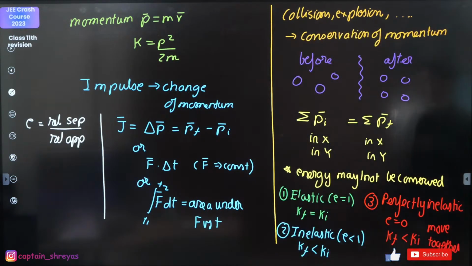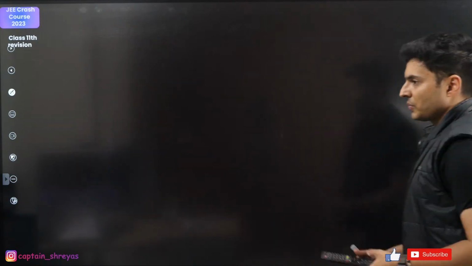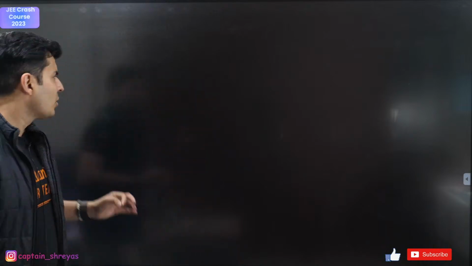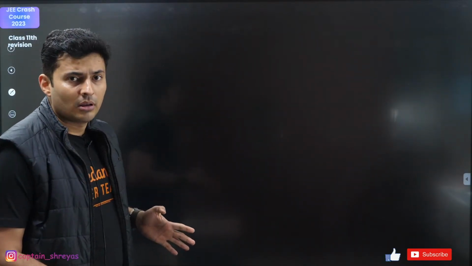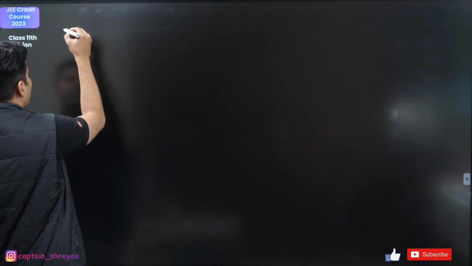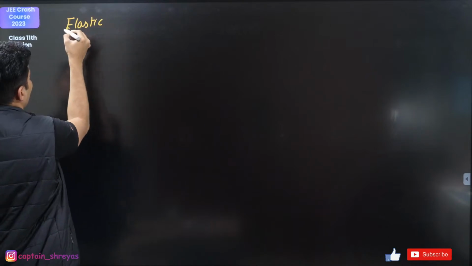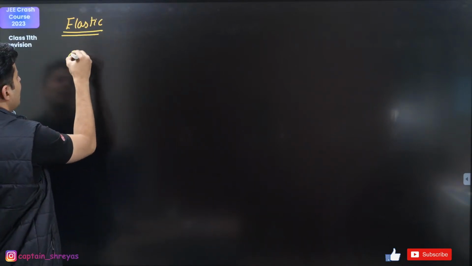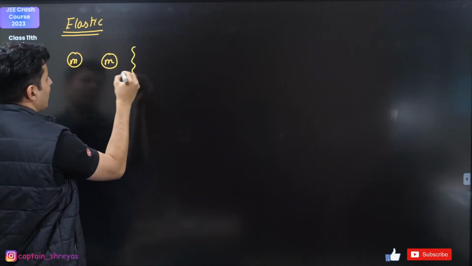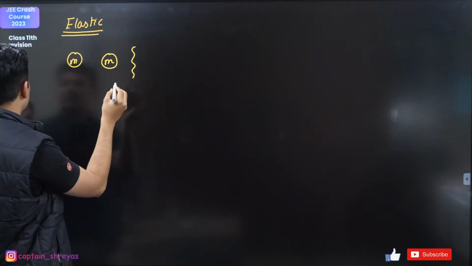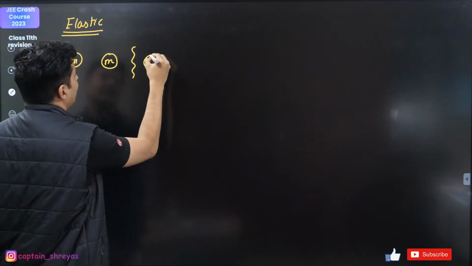All right, moving on to the next few things. In elastic collision, there are some very specific properties which you should be aware of. If you have a mass and another equal mass and they collide, their velocities get exchanged.